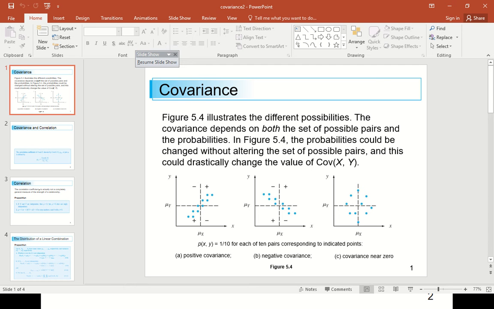Here we have the mean of y and the mean of x, and so it's positively correlated. Small x values go with small y values, large x values go with large y values. It's negatively correlated and has a negative covariance if small x values go with large y values and large x values go with small y values. In other words, there's a downward trend, and so the covariance is negative, just like we have a negative correlation. And then if they're all spread out, you'll have a covariance near 0.